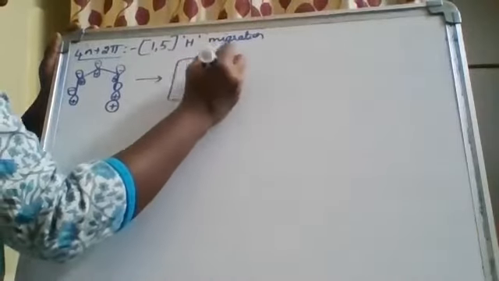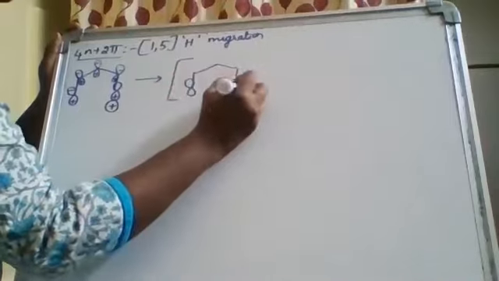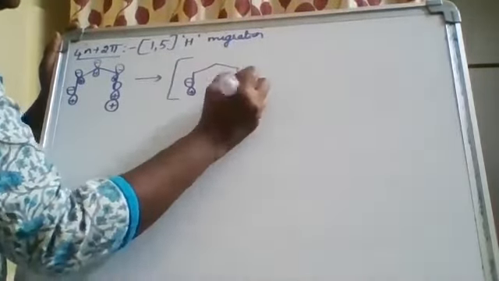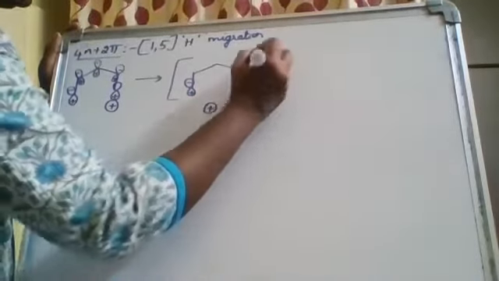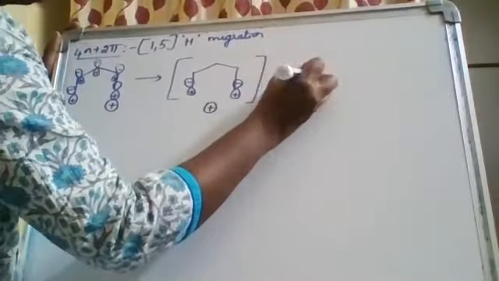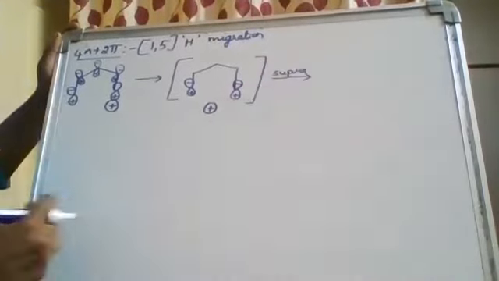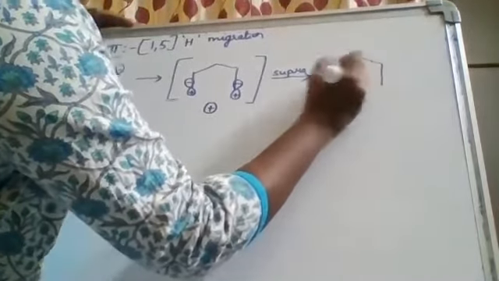In the transition state, you get a pentadienyl radical. I'm writing only the termini because the termini are getting attached to the group which is going to migrate. Suprafacial migration.